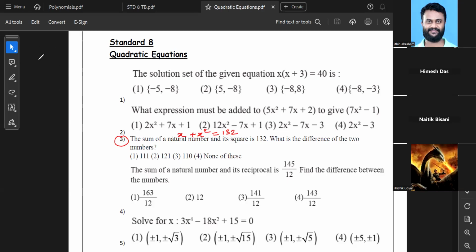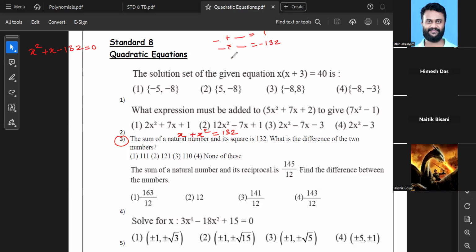When I take 132 to this side, I get x square plus x minus 132 is equal to 0. So basically you have to find the factors. 132 should come in multiplication with a minus sign, and in addition you should have 1. Obviously the minus sign means subtraction.